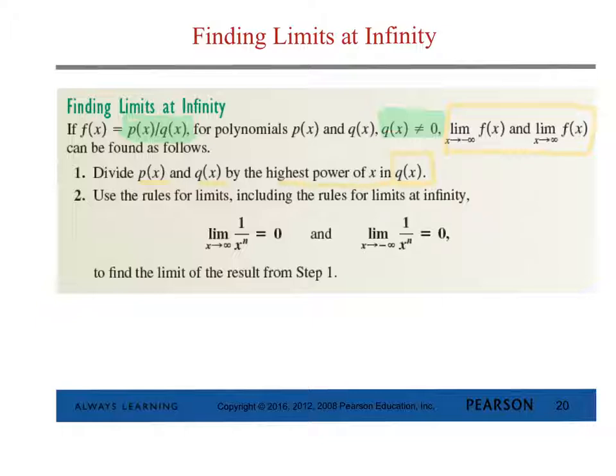That's the important part. It has to be in the denominator. And then the rule for limits says that as x approaches infinity, 1 over x raised to any power is equal to 0. Doesn't matter if it's positive infinity or negative infinity.